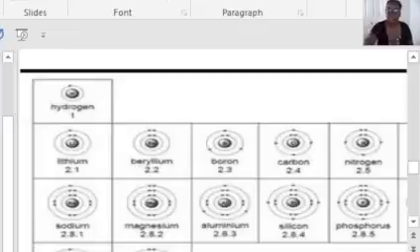So that's fine. The second element we see there, lithium. So we know lithium has an atomic number of 3, right? So we know again that the first shell can only hold 2.